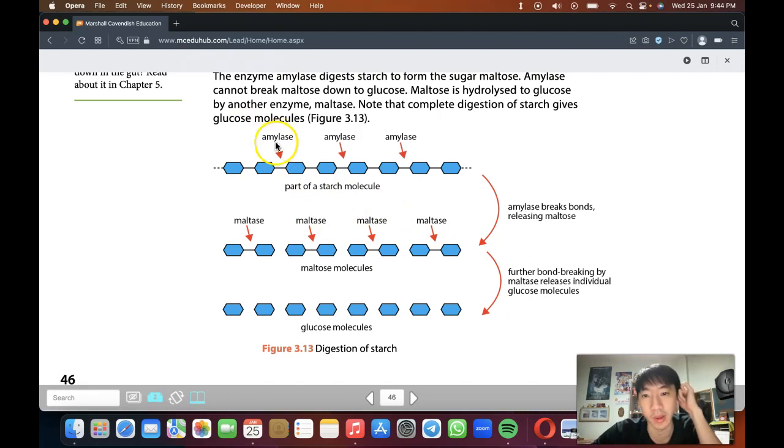Why is it called amylase and not starchase or something like that? Amylose is the scientific name for starch. Starch is actually just a common name. The scientific name is called amylose. So that's why it's called amylase. But don't worry, you don't have to call it amylose or amylase. You just call it starch.